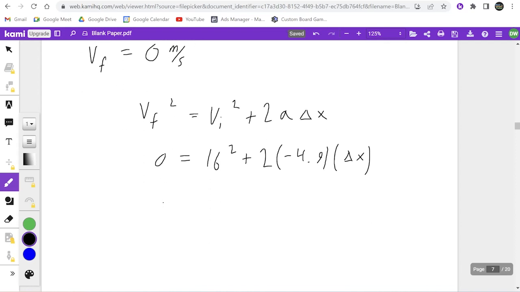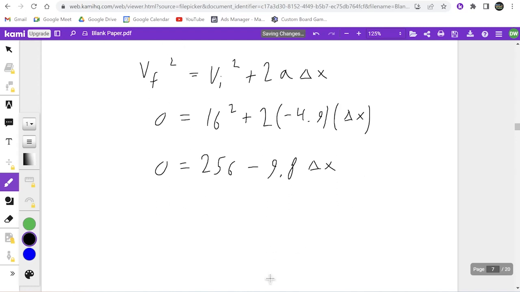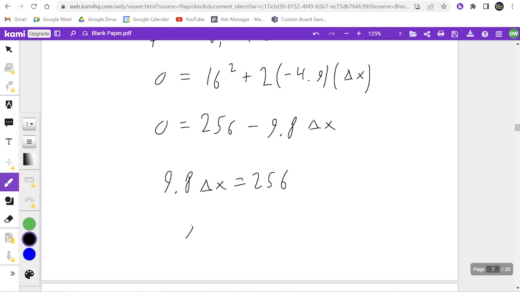So 0 equals 16 squared is 256, minus 2 times 4.9 is 9.8, delta x. We're going to add 9.8 delta x to both sides, so 9.8 delta x equals 256. And then you just divide both sides by 9.8. So 256 divided by 9.8 is going to be a final distance of 26.1 meters.